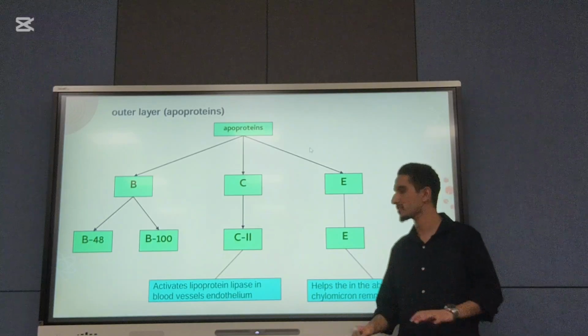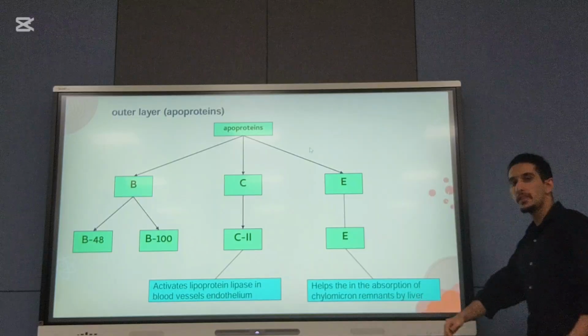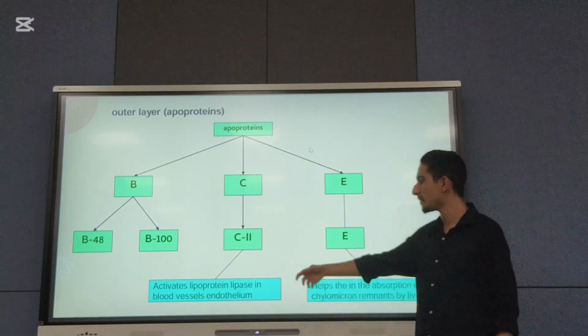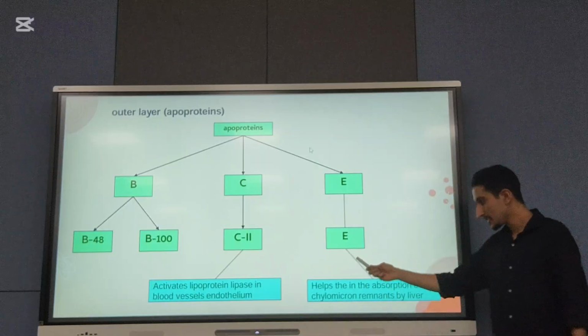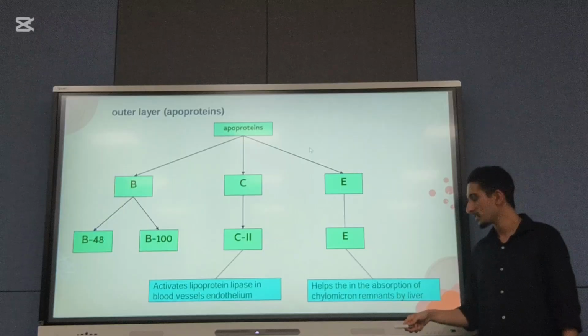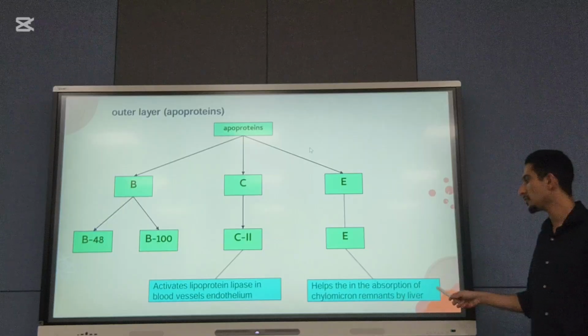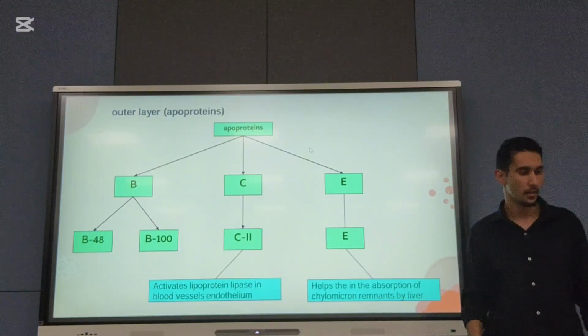Till now you won't understand this sentence, so just give it a chance. Then at the end of the lecture, we will come back to this and re-explain it. And E helps in the absorption of chylomicron remnants by the liver. Also, you won't understand this sentence right now. Then we will come back to it.